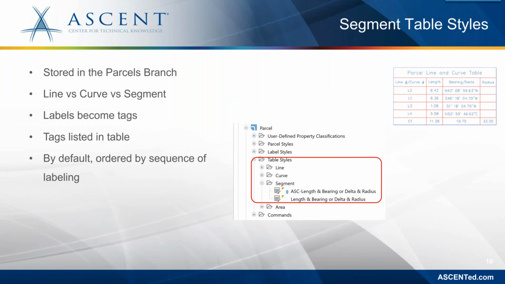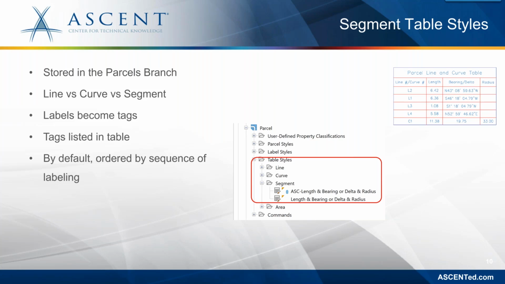The segment label styles, as I mentioned earlier, are not in the general multipurpose, but they are under parcels. And we have individual table styles for curves, for lines, or segments.